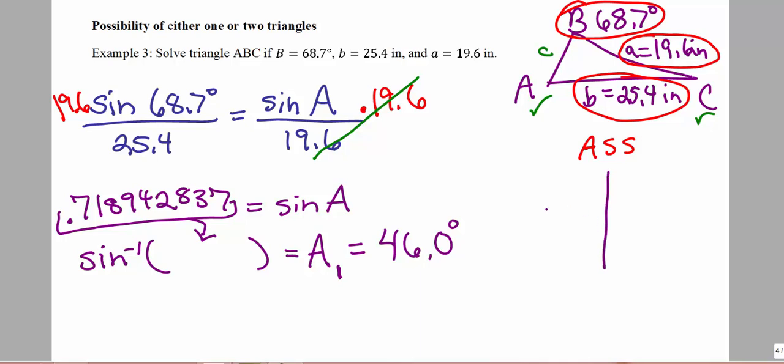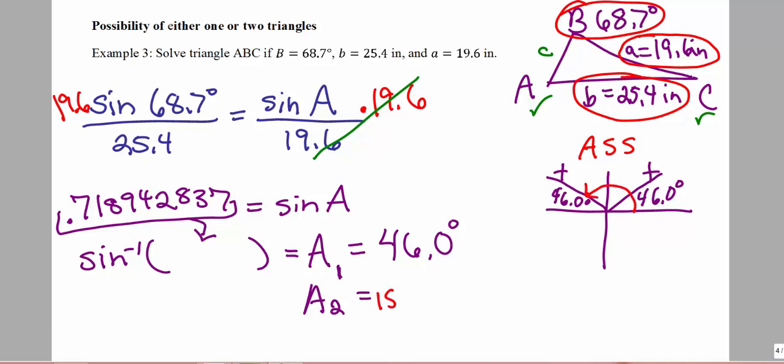Now keep in mind that sine values are positive in quadrant 1 and also in quadrant 2. So if we are given the quadrant 1 angle of 46.0 degrees, then we want to consider the quadrant 2 angle that has that same reference angle. So the quadrant 2 angle would have to be 180 degrees minus that reference angle 46.0.